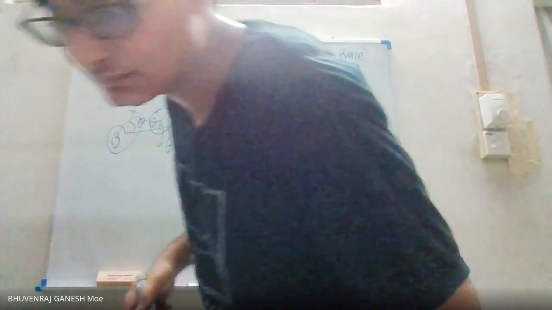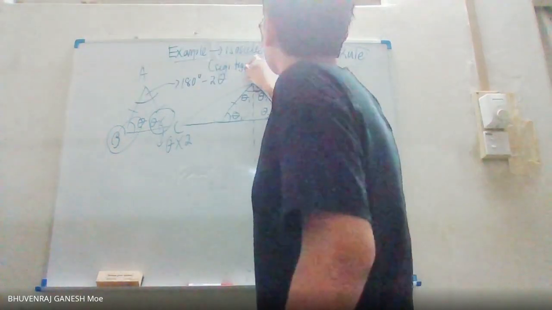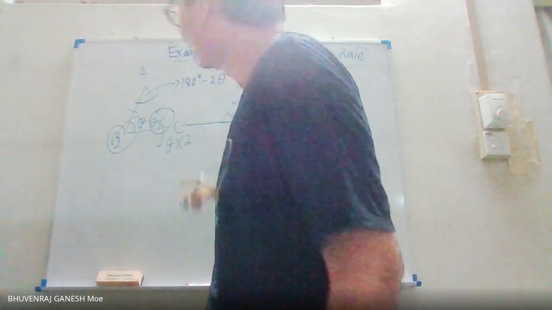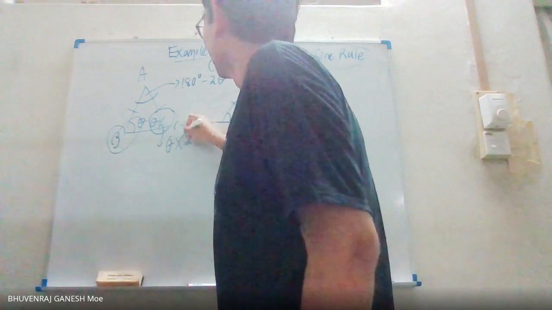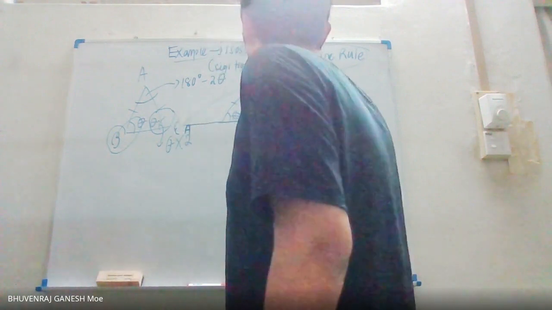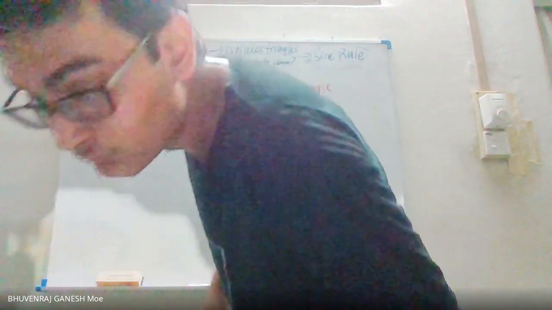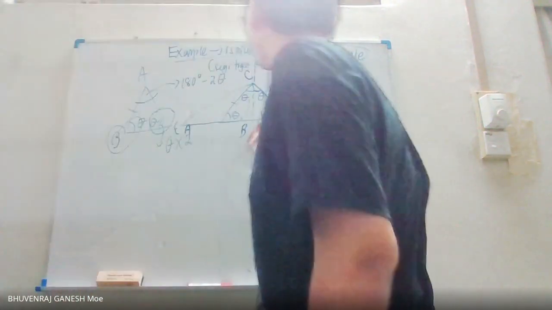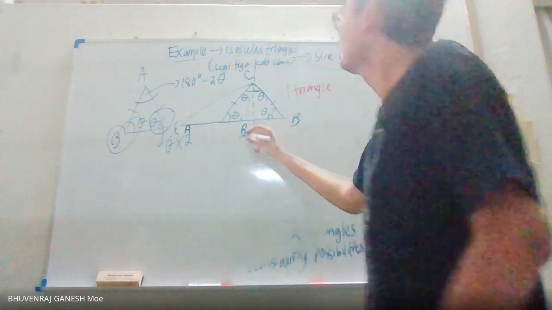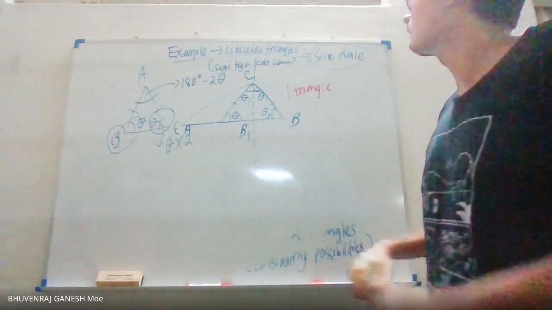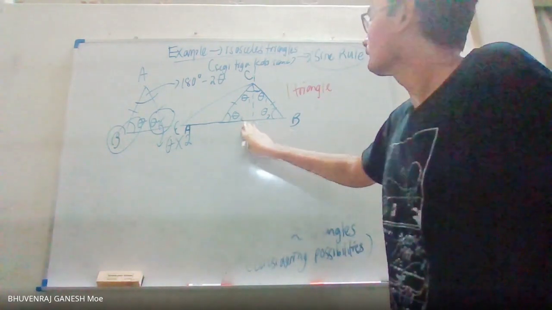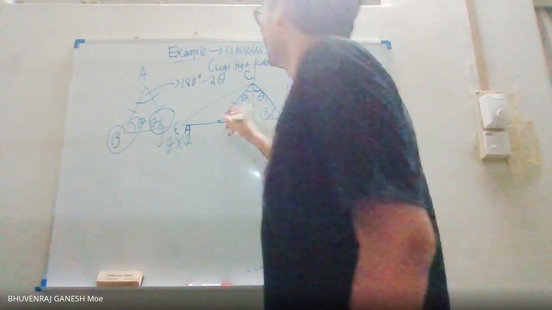And then the side labeling is like this. On top here is C, here is A, and then here is B. So here is B prime. B1. The label here is B1. Because here you're actually projecting the thing on the BC line.